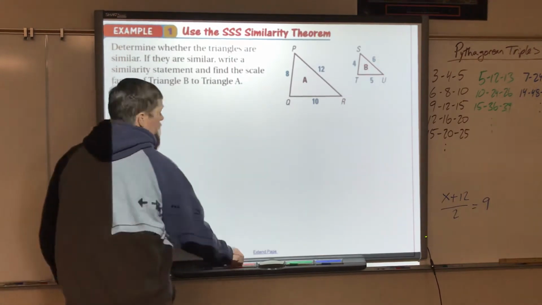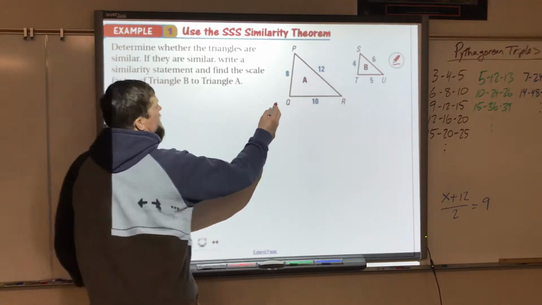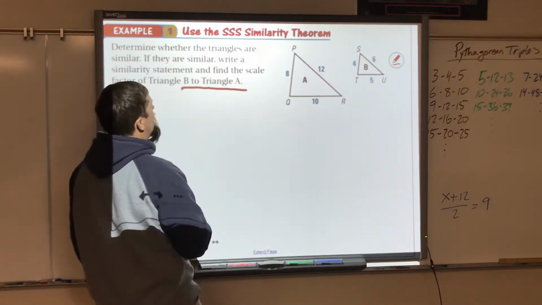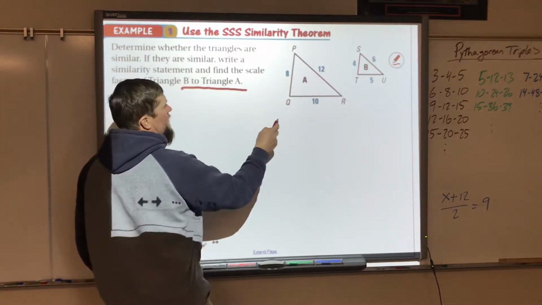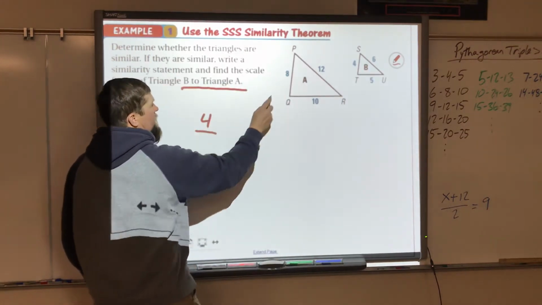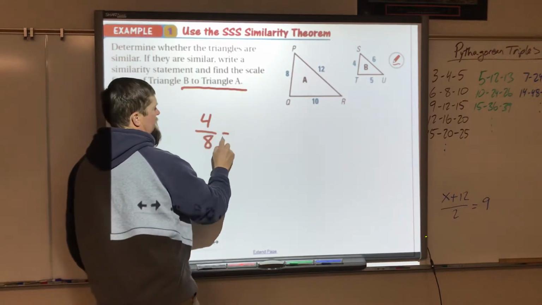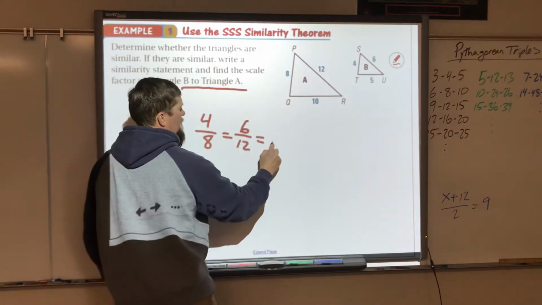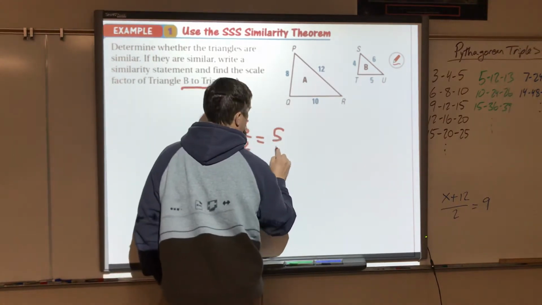Okay, so here we look at triangle B to triangle A. So we're going to take the triangle B ratio, so 4 compared to 8. Is that the same as 6 compared to 12? Is that the same as 5 compared to 10?